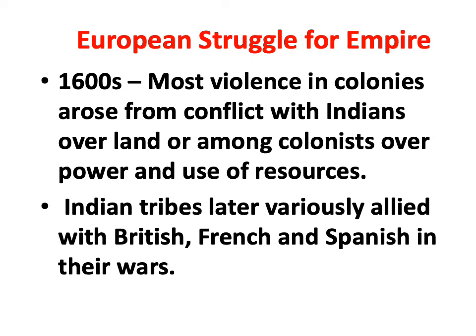Looking again at the situation in Europe during this time period, during the first 100 years of the English colonies in North America in the 1600s, most of the violence there occurred among the colonists themselves, who might fight over who was going to control land, or power struggles, or conflicts over Indians who refused to move, and so force was used against them to move them off land that the English wanted to have.